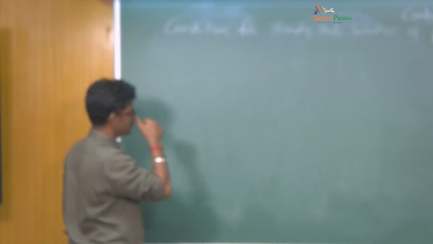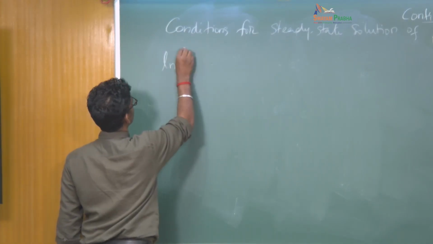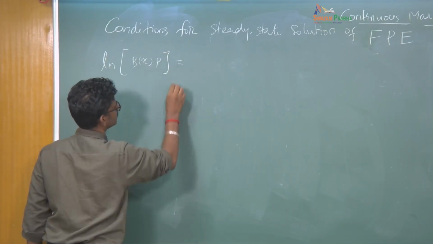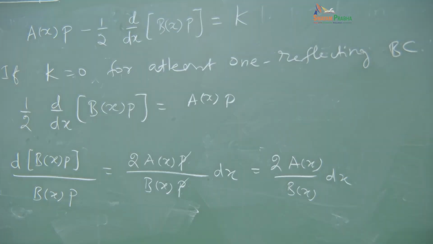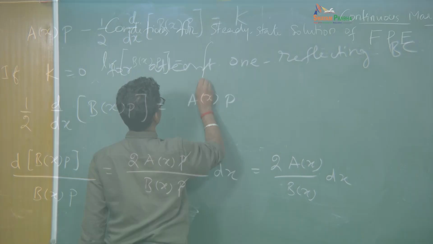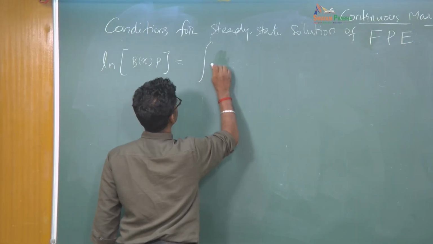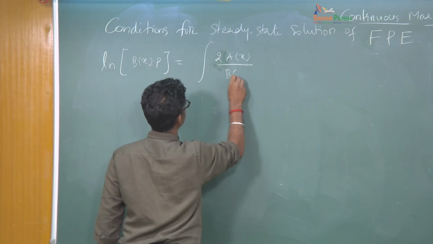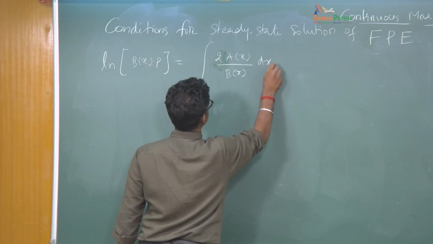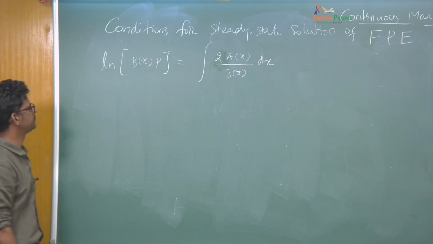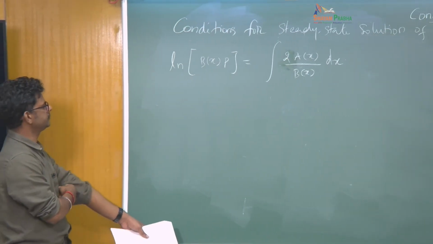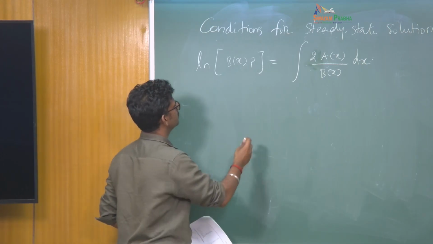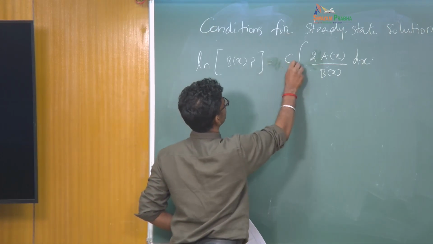So integrating this, you will get ln of b(x)p is equal to the integral of 2a/b dx, with some constant c here.